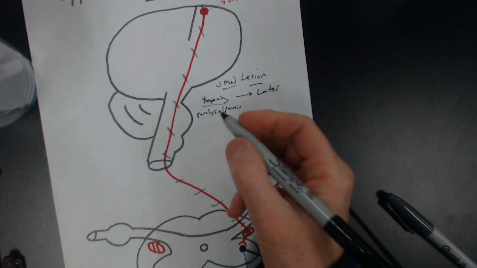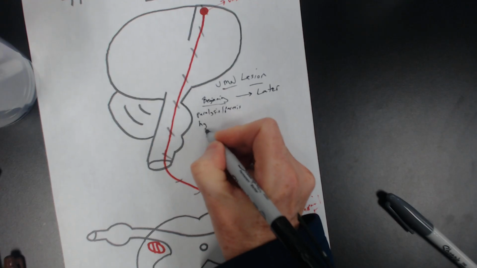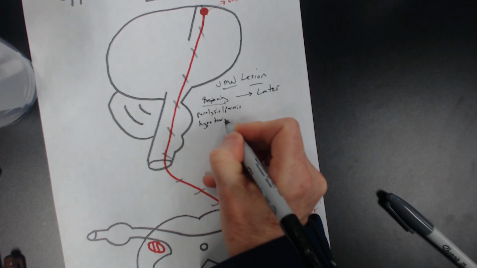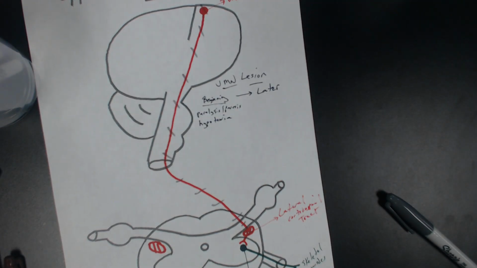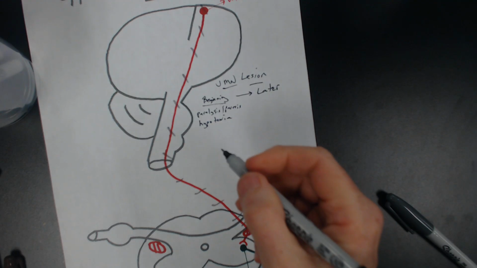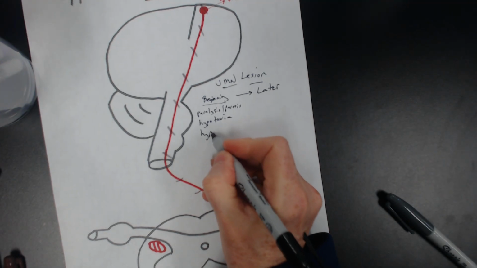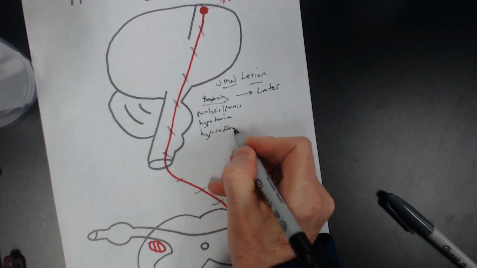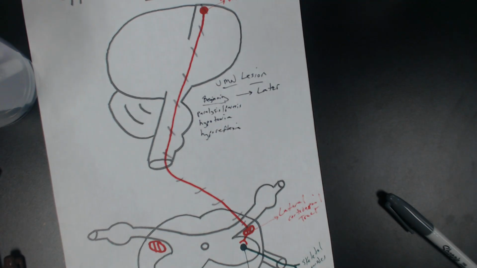In the beginning, you're also going to have hypotonia, or low muscle tone. And you're also going to have hyporeflexia. That means lower than normal reflexes. And that's immediately after the injury.